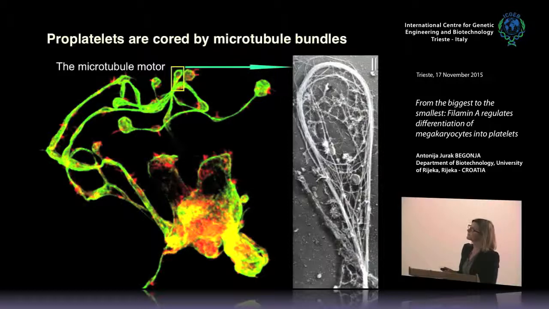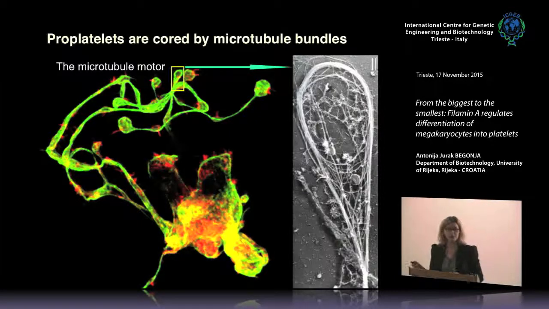Here is a proplatelet stained with microtubules in green and actin in red. On the tips of the proplatelets, as you can see, there is a microtubule bundle. And actually, microtubules are the ones that drive the elongation of proplatelets, but not just by polymerizing new microtubules. The important process here is the sliding of two microtubules along each other that will push the membrane and increase the size of the proplatelets.